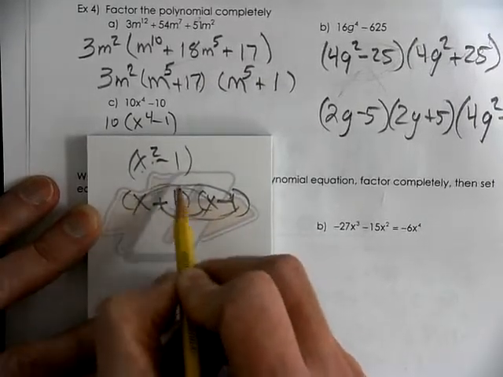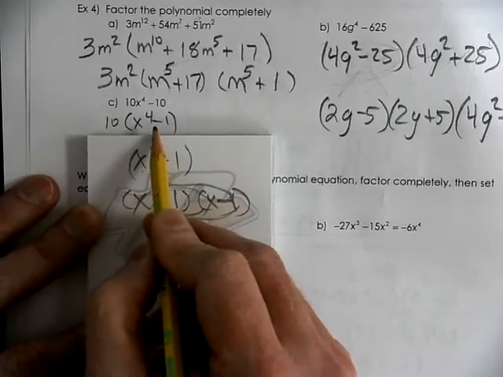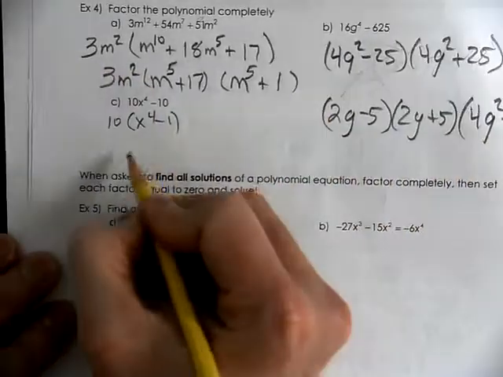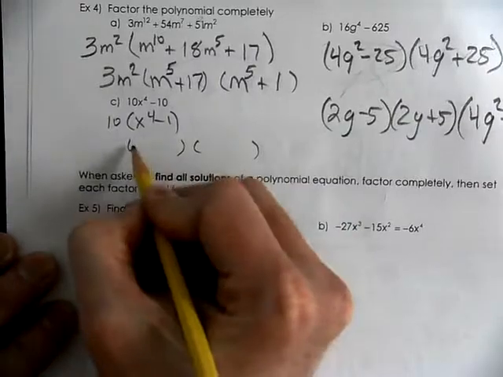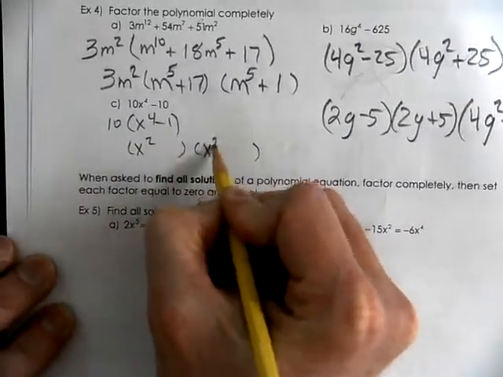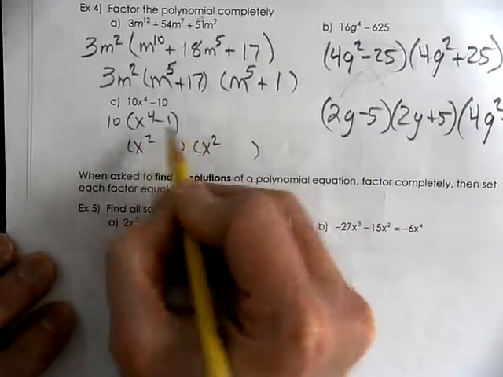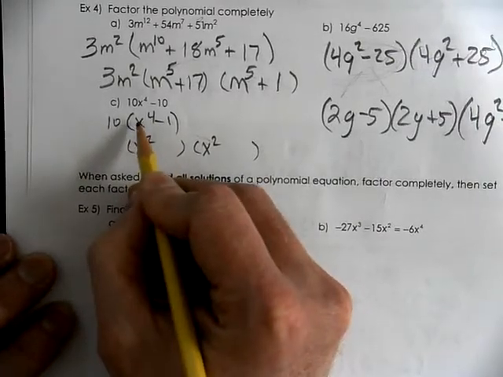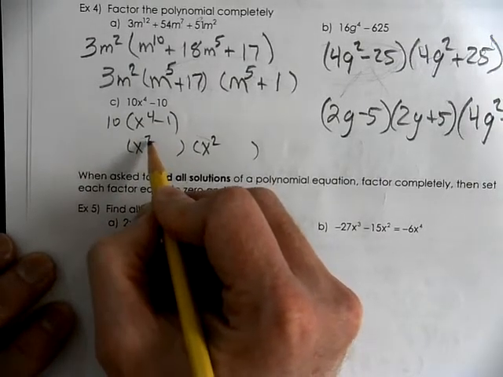So this is the difference of two squares. Well, we're going to treat this the same way, but we're going to have x squared and x squared, because that multiplies together, you add exponents, to be x to the fourth power.